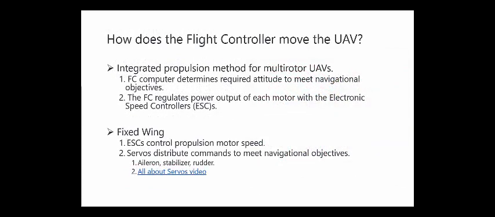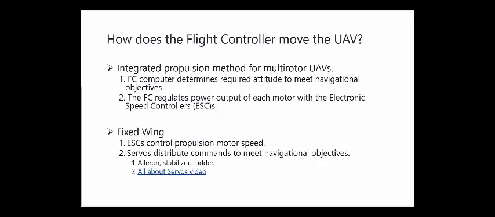So how exactly does the flight controller move the unmanned aircraft vehicle? In this case, we have to break it down by both multi-rotor and fixed wing. For a multi-rotor, the flight controller uses what's called an integrated propulsion method, where the computer on the flight controller determines the required altitude and attitude to meet the navigational objectives.